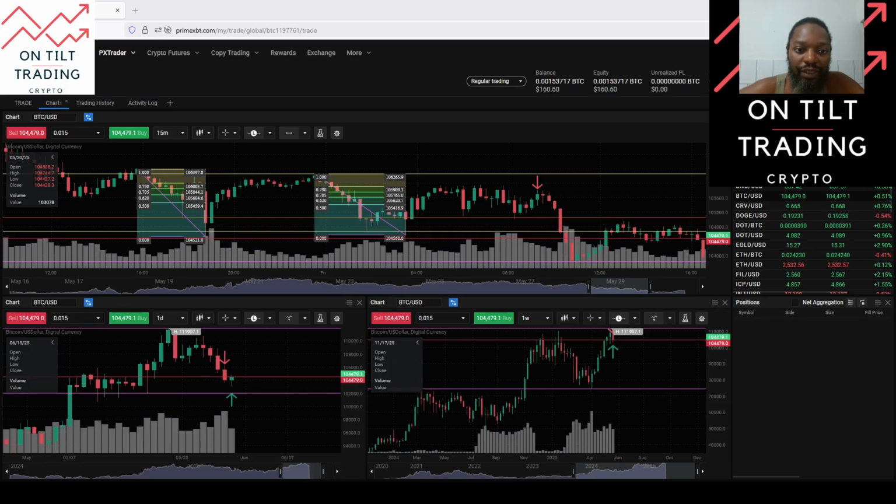So for this particular trade, I was testing whether the best entry was the 60 or the 15. First I went with the larger time frame, the 60-minute, and this proved to be too large.